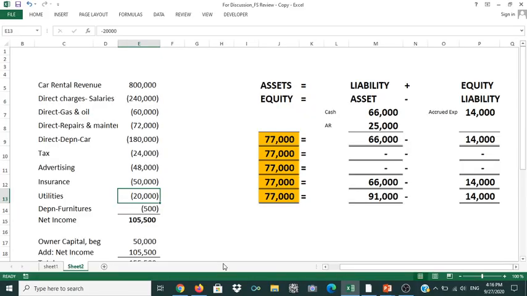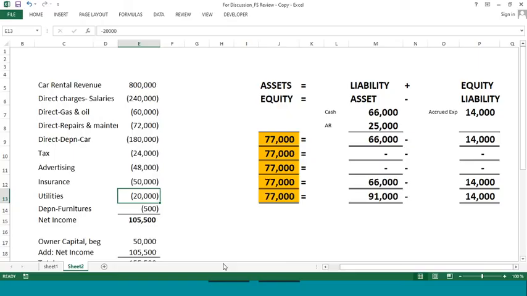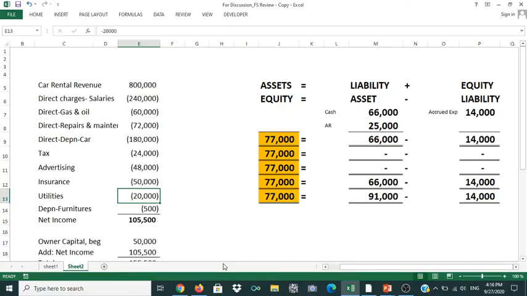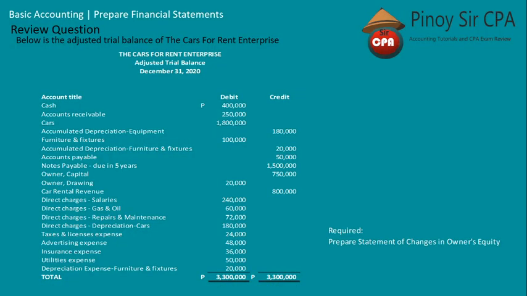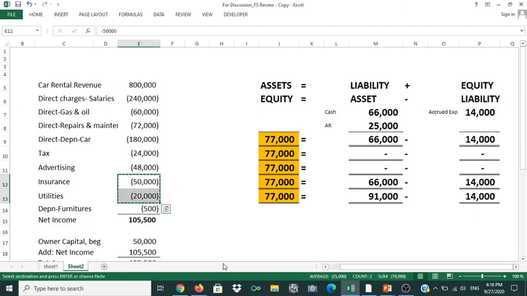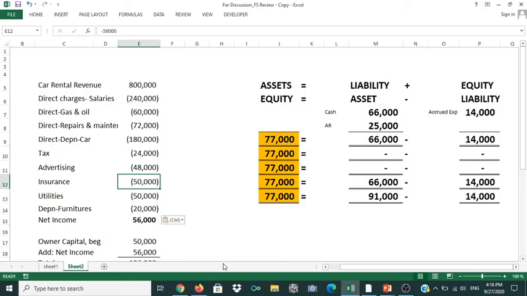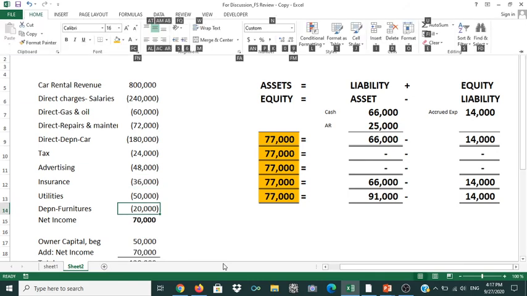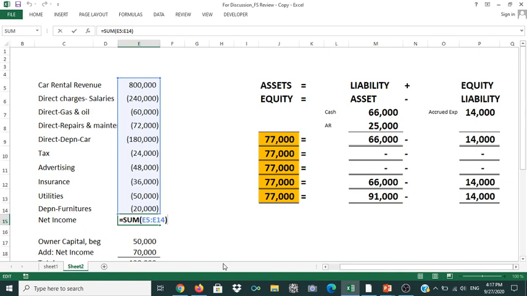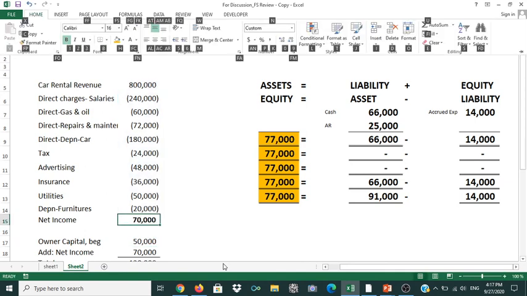Tax, advertising, insurance, utilities, then depreciation. Nawala po yung insurance. So, dito pala ito. Okay, 36. So, the net income, as you can see with the formula, automatic nag-plus na siya, is 70,000.